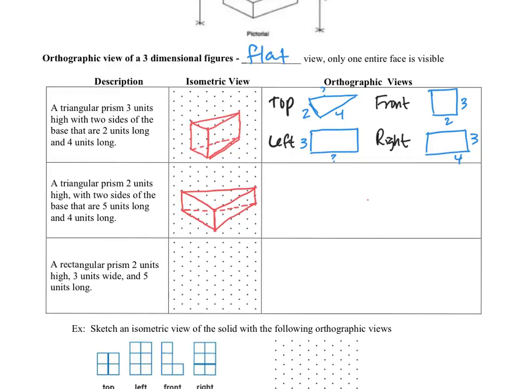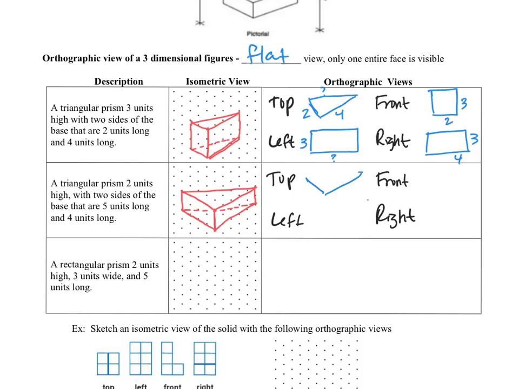Okay, so let's draw those same 4 orthographic views. We're going to draw the top, the left, the front, and the right. If you were flying above, like a bird, looking down on this prism, you would see a triangular shape that has one side measuring 4 units, the other 5 units, and we're not sure what this measure is, so we're just going to leave that unlabeled.